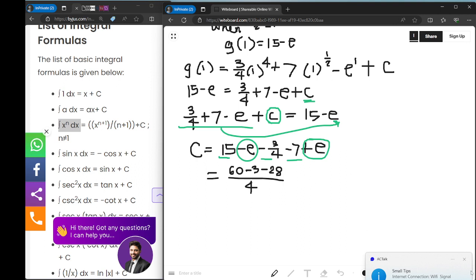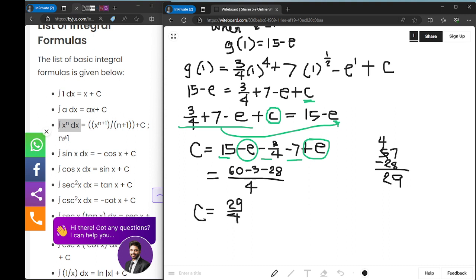This is now 0, so no need to add 0. Let's subtract. 60 minus 3 is 57, minus 28 is 29. So that is 29 over 4.